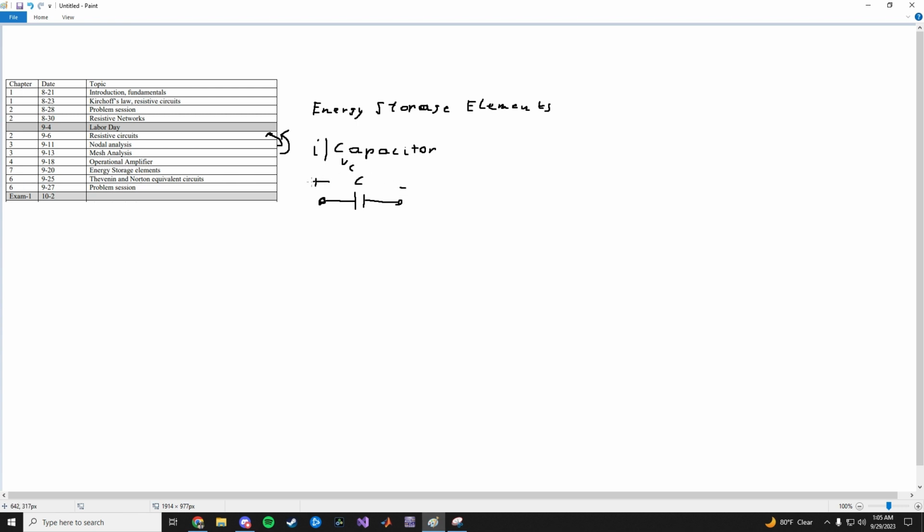across it, Vc, and the current. Current in DC doesn't flow through the capacitor, so I say the current that it's charge really that flows to the capacitor and charges the plate, IC.